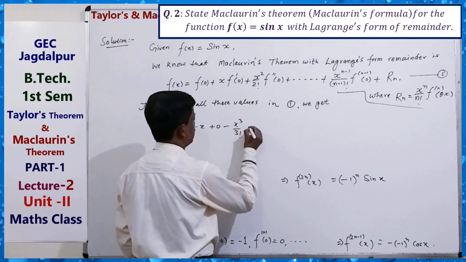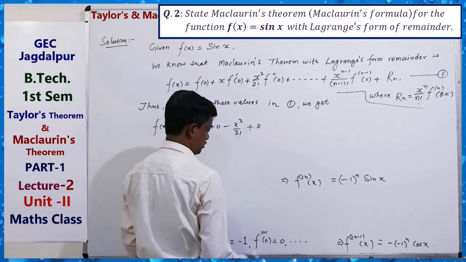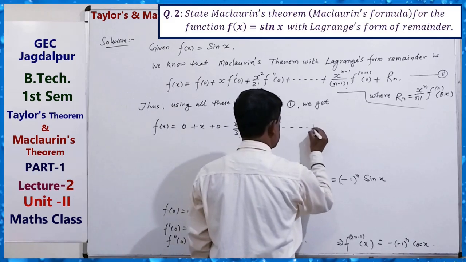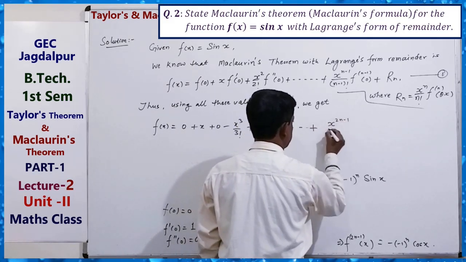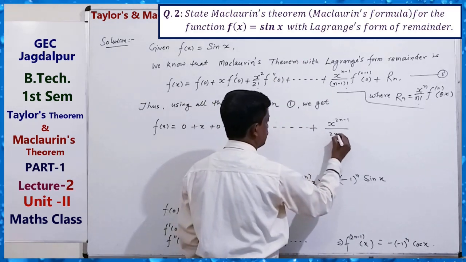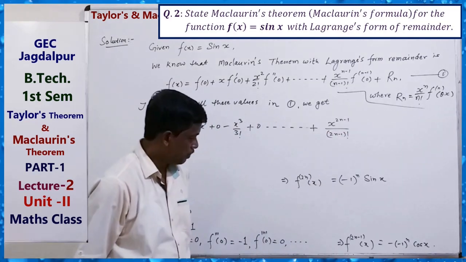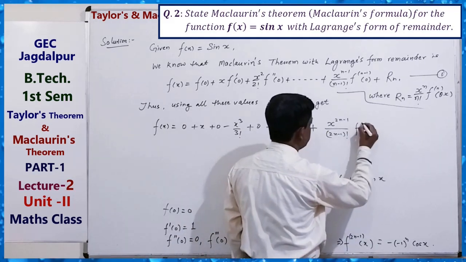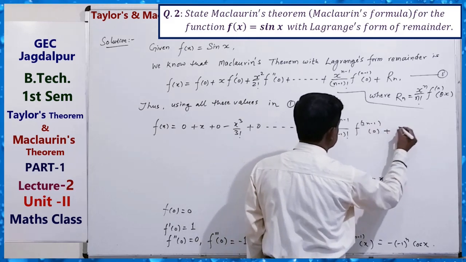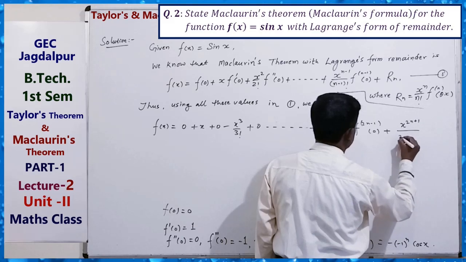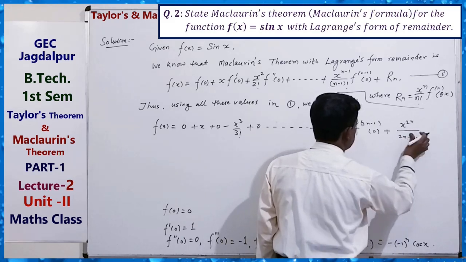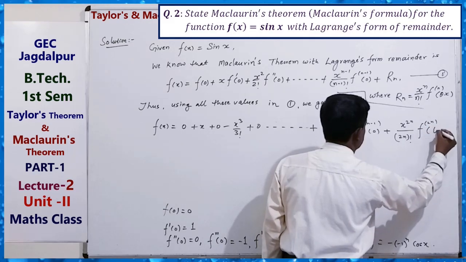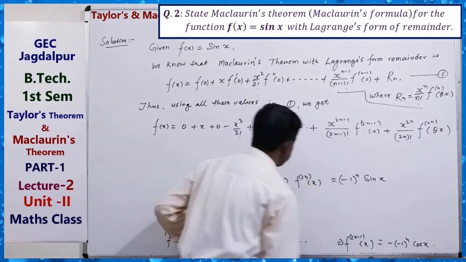Again 0 for the fourth derivative and so on, up to plus x to the power 2n minus 1 upon 2n minus 1 factorial times f 2n minus 1 at 0, plus x to the power 2n upon 2n factorial times f 2n theta x. So this will be the formula here.